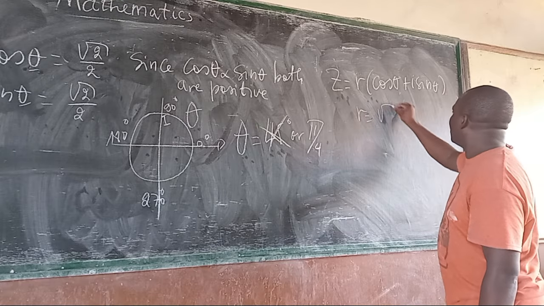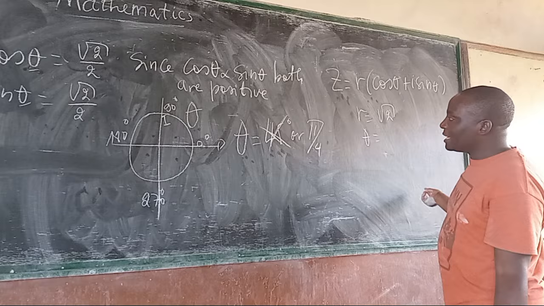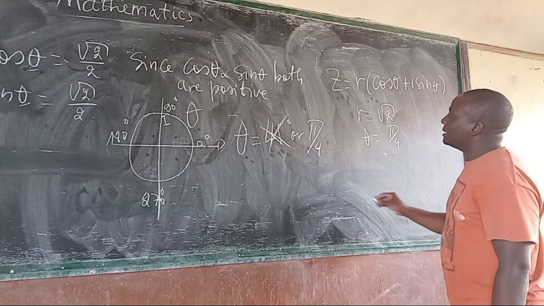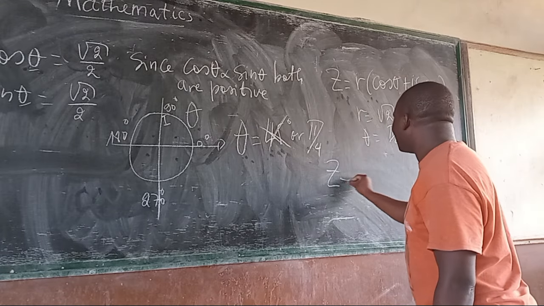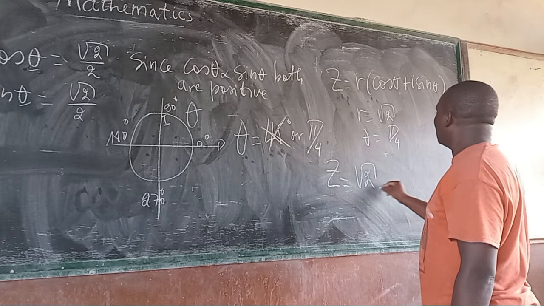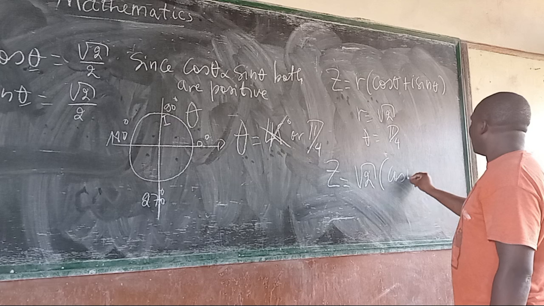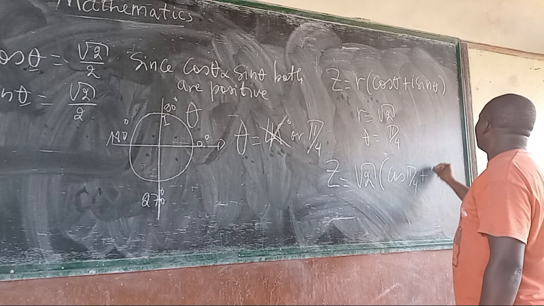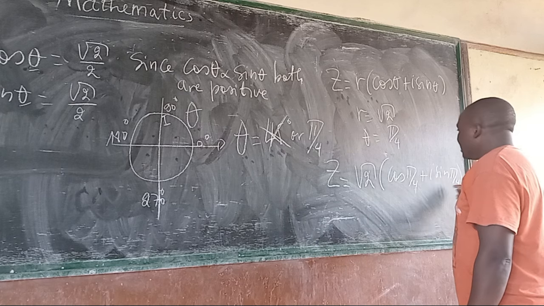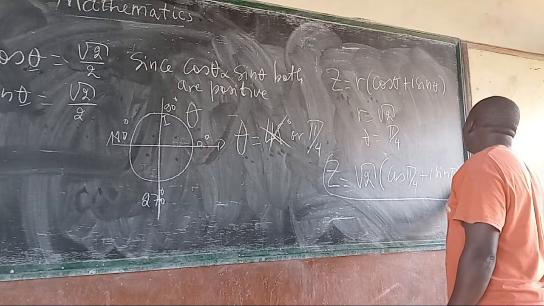Radius equal to square root of 2, and theta, the argument, equal to pi out of 4 radians. Then our given complex number z equal to square root of 2 in factor of cosine of pi out of 4, positive i sine of pi out of 4. Here, teachers, the task is ended.